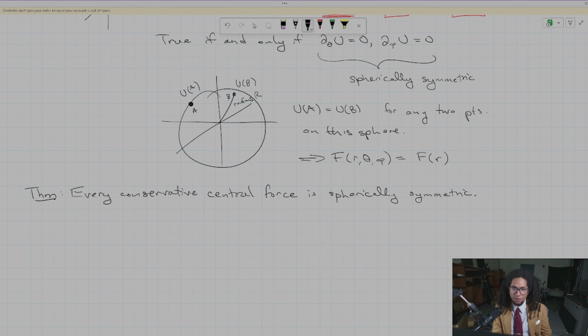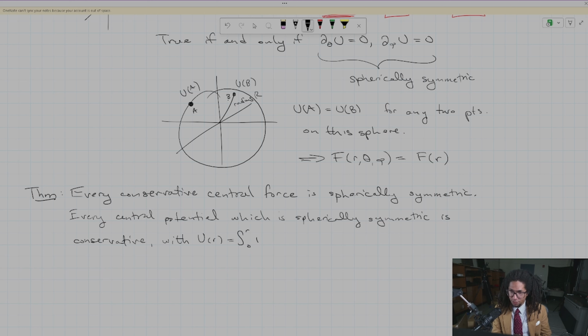So let me state that as a second part of my theorem. Every central potential which is spherically symmetric is conservative, with u of r equals the integral from 0 to r of f of r dr being a possible potential energy.